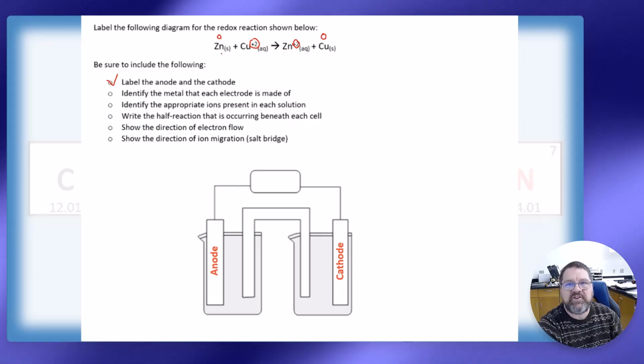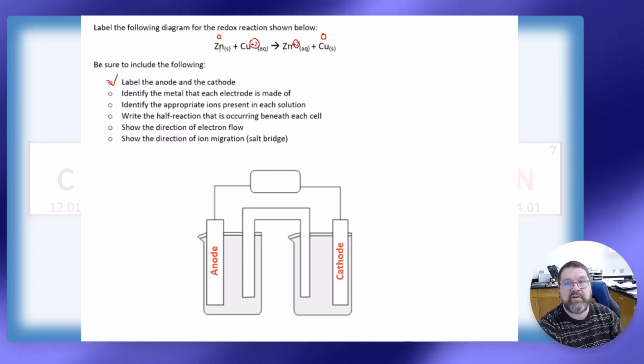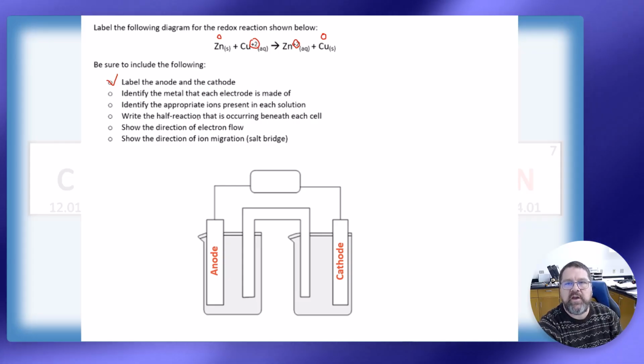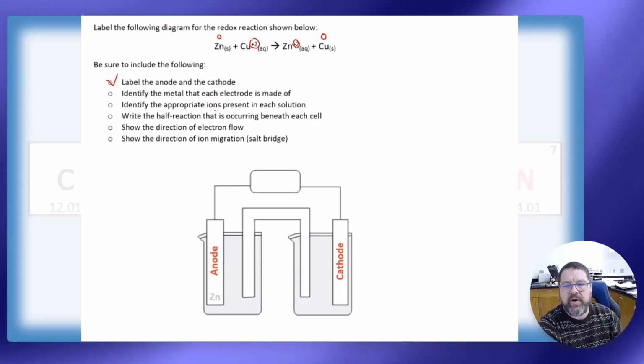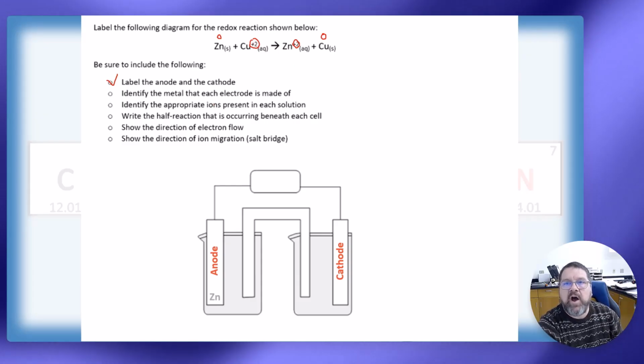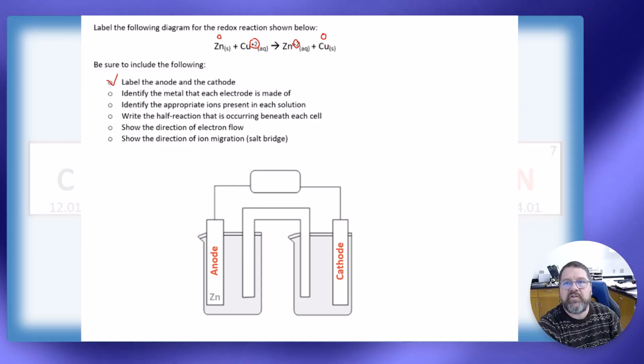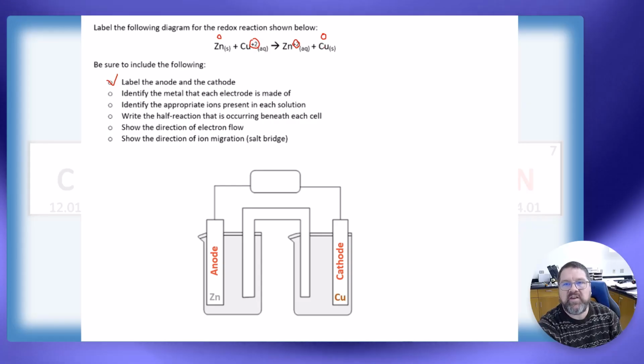Oxidation is a loss of electrons, which means the charge is becoming more positive. Zinc is going from 0 to +2, so zinc is what's being oxidized, and therefore zinc is serving as my anode. That means that copper, going from +2 to 0, is being reduced, and what's being reduced is showing up at the cathode. So that part is done.